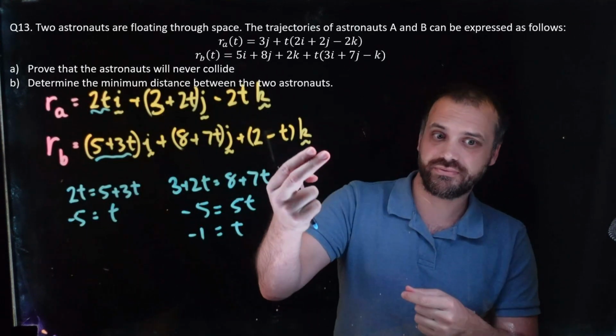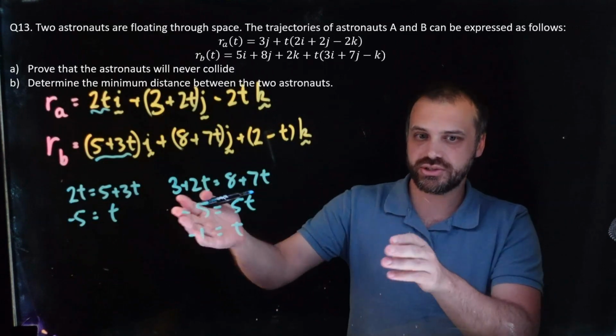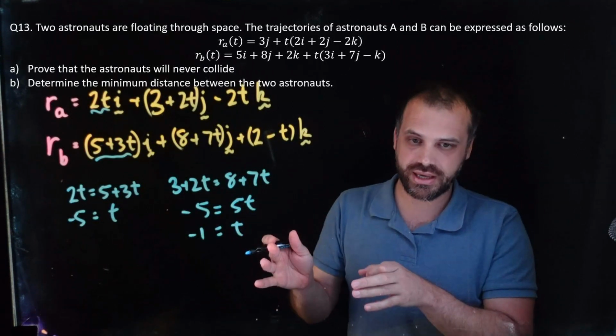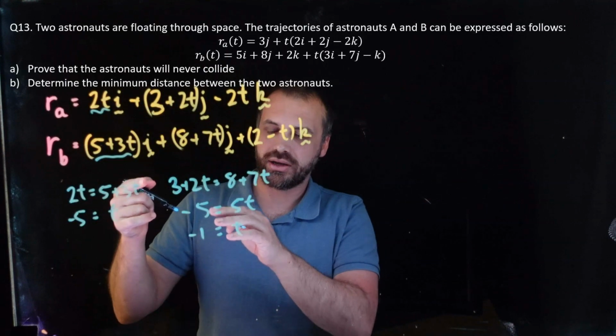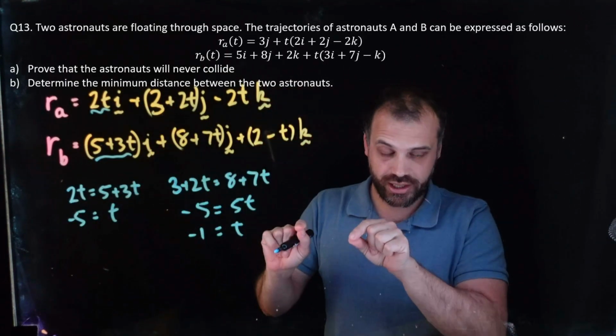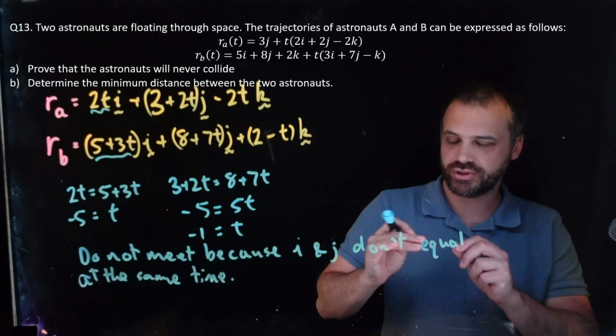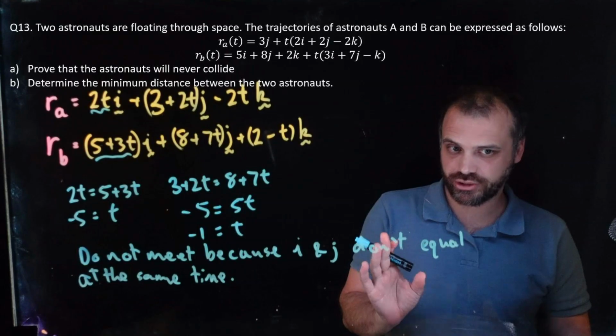They would also need to have the same k position in the z-axis. So these two are definitely never meeting because their I and J components do not equal each other at the same time. So that's part A. We've proven that these astronauts will never collide.